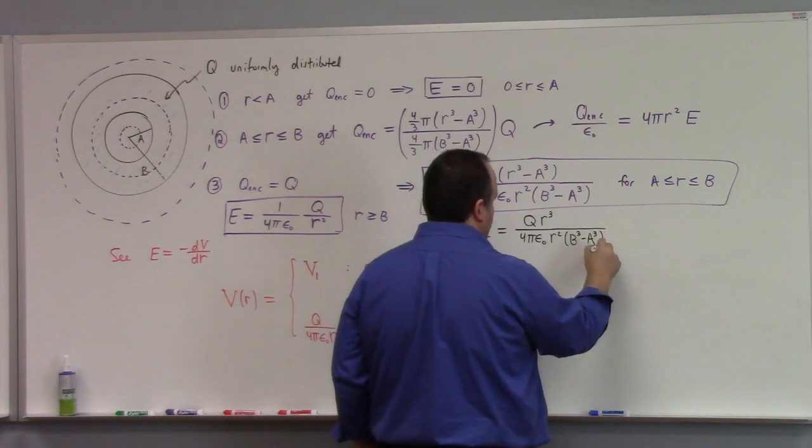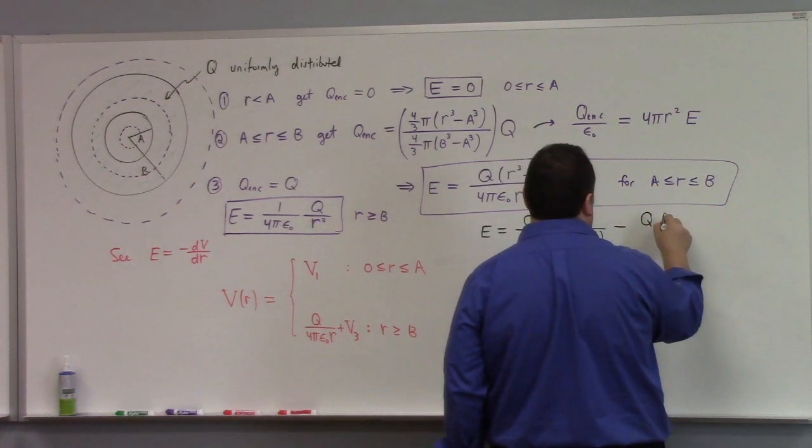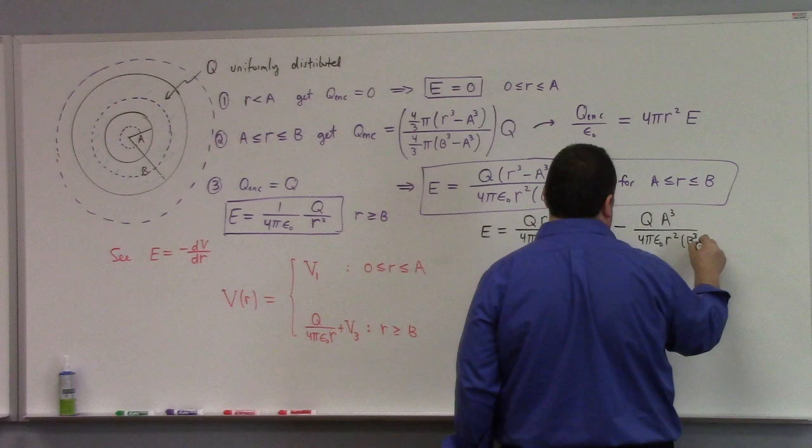So that's my first term. And then I've got minus q a cubed divided by 4 pi epsilon naught, little r squared, the difference of b cubed minus a cubed.